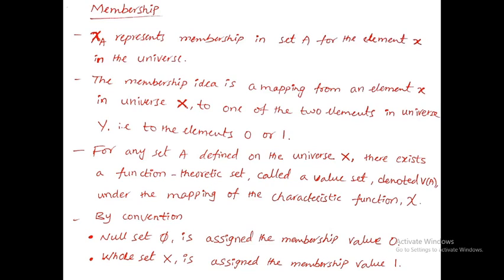Under the mapping, for any element in one set, if it is a function mapping, there exists one mapping value in the other set also. By convention, the null set, which is nothing but phi, is assigned the membership value 0. Null set means that is 0. The whole set, meaning the complete set, the unit of discourse X, is assigned the membership value 1. So two membership values are indicated with 0 and 1. One is the null set and the other one is the whole set.